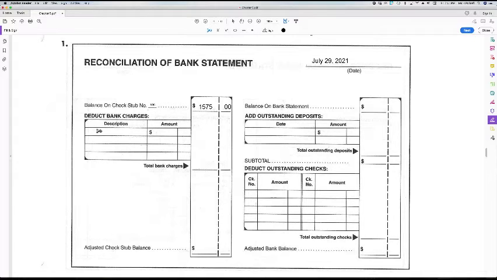Next, we are going to put in service charge, and then the amount of the service charge, which is $2. And then we are going to bring that number down to the total bank charges.